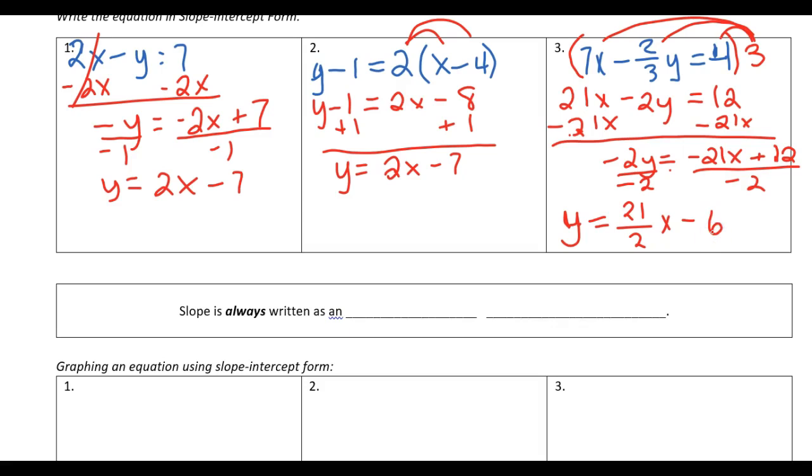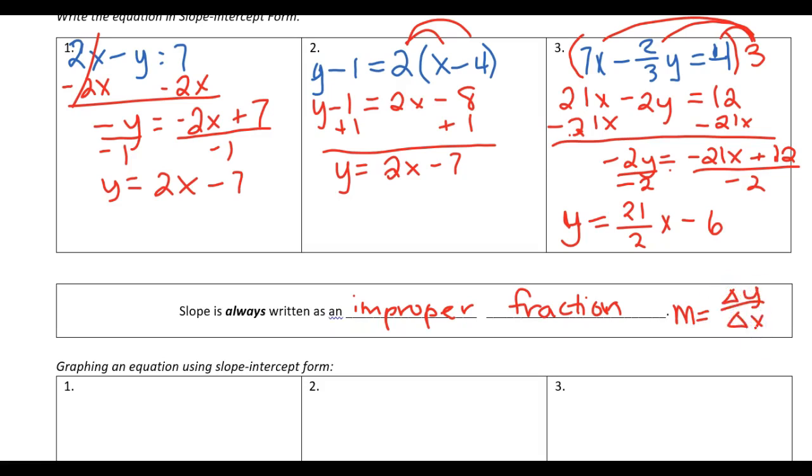Now the last thing we need to remember if we are given a problem that's not already in slope-intercept form is that slope is always written as an improper fraction. We have talked about this a little bit throughout this chapter, but the main reason we need this as an improper fraction is because when we get to graphing, we need to know that slope is our change in y over change in x.